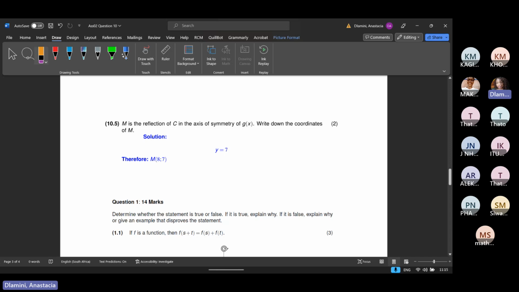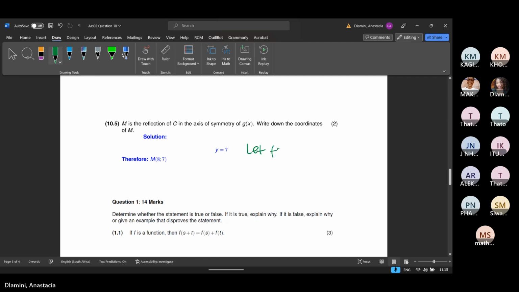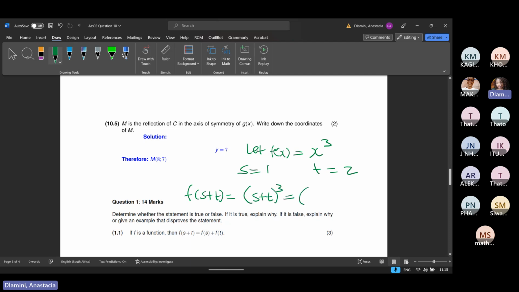So let f of x equal x to the power of 3, and let s equal 1 and t equal 2. Now, f of s plus t: what do we get? We get s plus t to the power of 3, which is what?